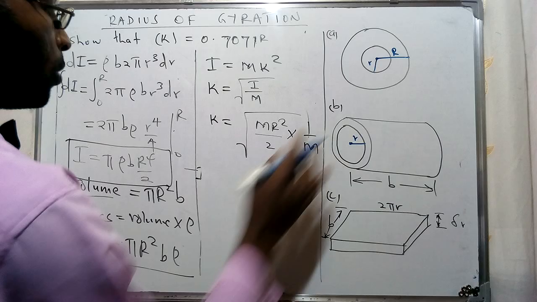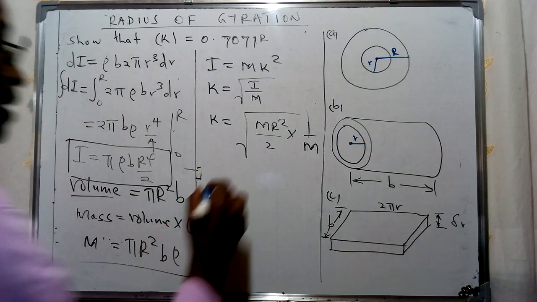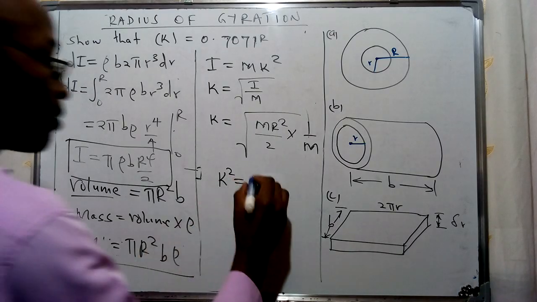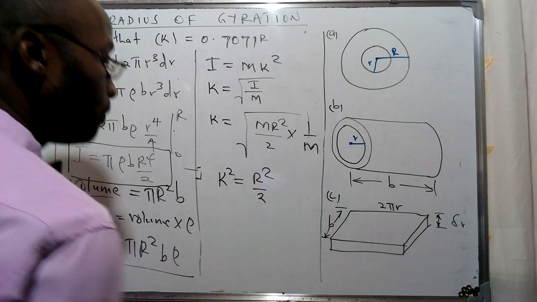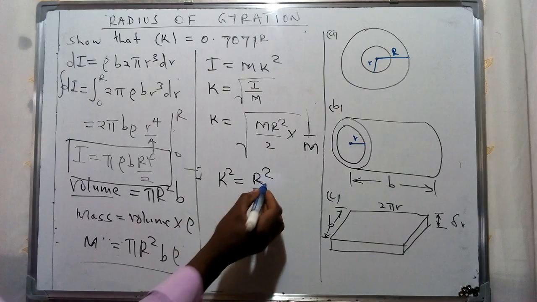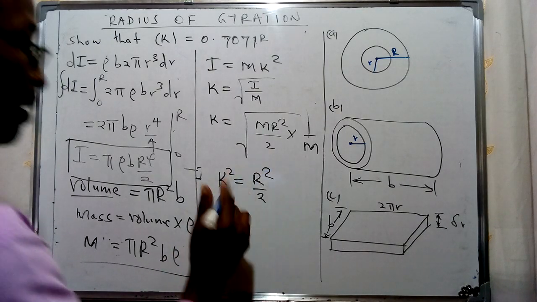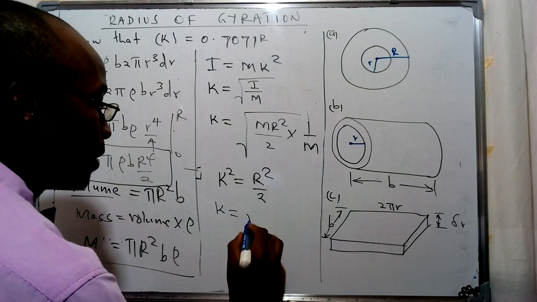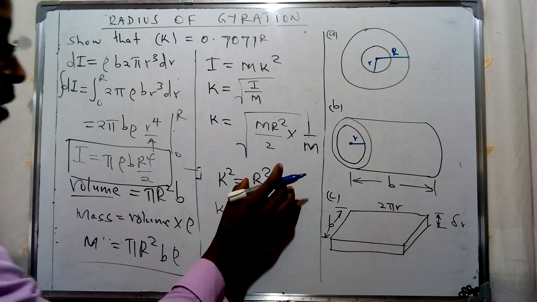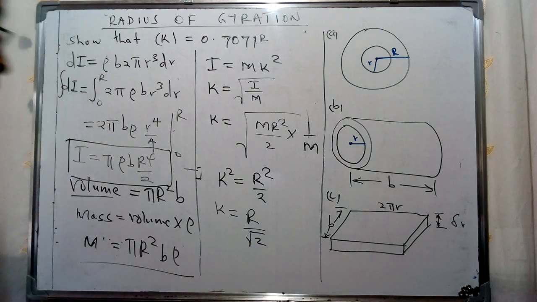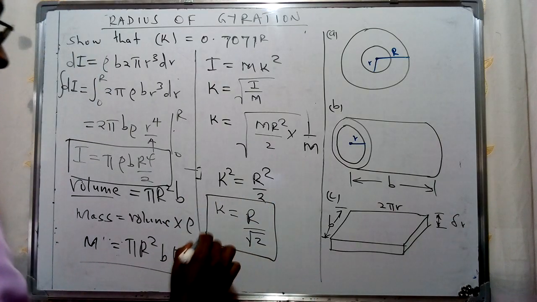This is going to give us the square root of r squared all over 2. So for us to find the value of k, we take the root, which gives k equal to r all over the root of 2, giving us the value of k.